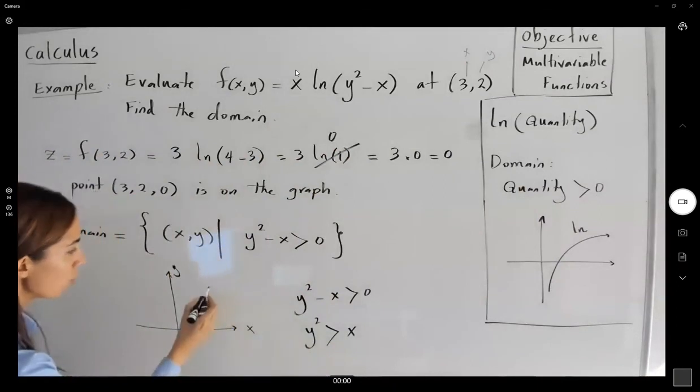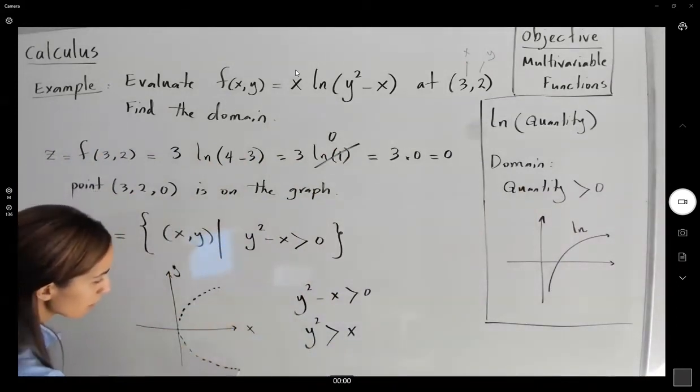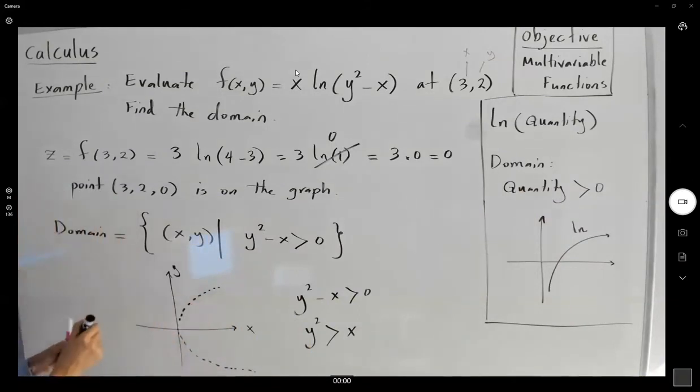Since you don't have any equality, you're going to use a dotted graph and you're going to shade the right-hand side because y squared is larger than x. This is the visualization of the domain of this function.